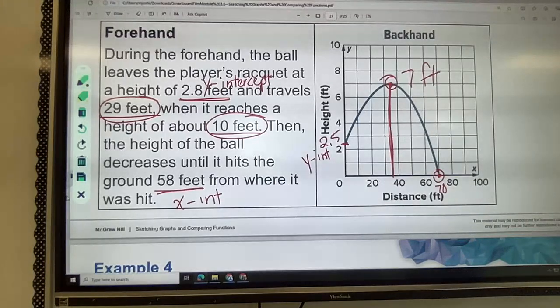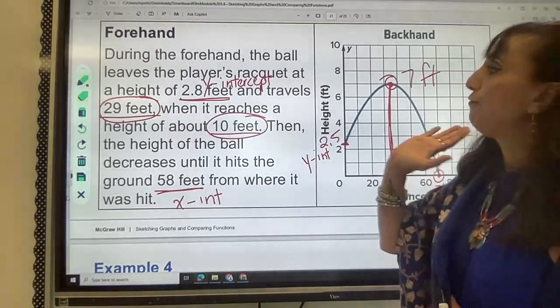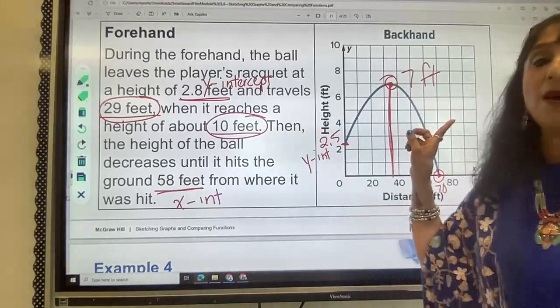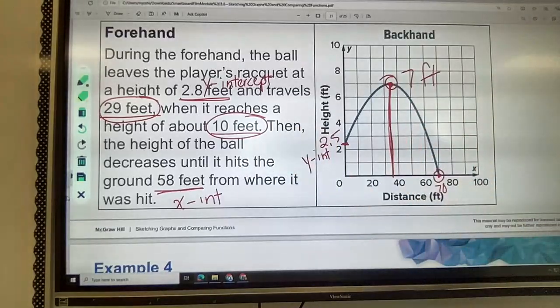Let's talk about the increasing and the decreasing. The height of the tennis ball increases over a shorter interval during the forehand shot, but it reaches a higher maximum height. This means that the tennis ball increases at a faster rate during the forehand compared to the backhand shot.